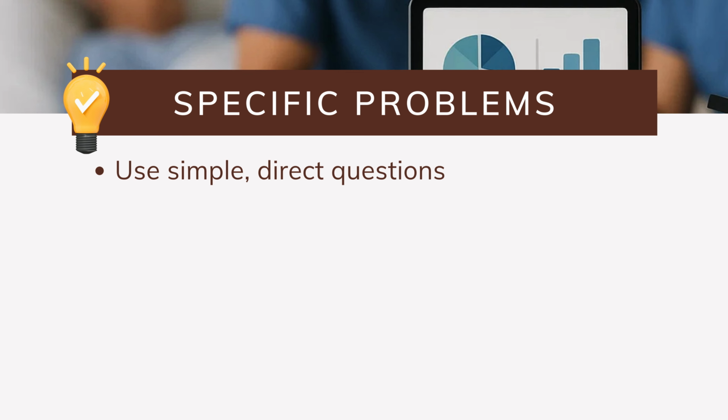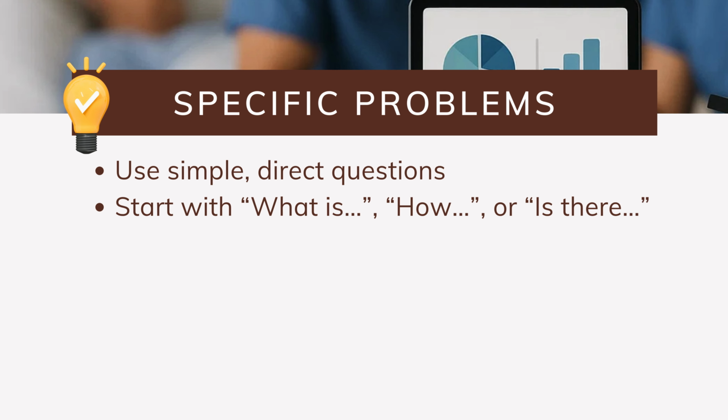For example, instead of saying, "What are the influencing factors and the perception of the students regarding compliance?" This is too broad. Break that down into 2 separate, clearer questions.